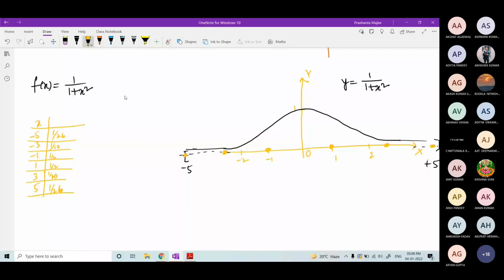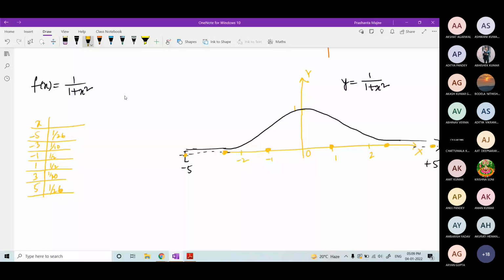And if you do so, you will see the graph will be looking something like this. So you see, everywhere else it will be following the curve.